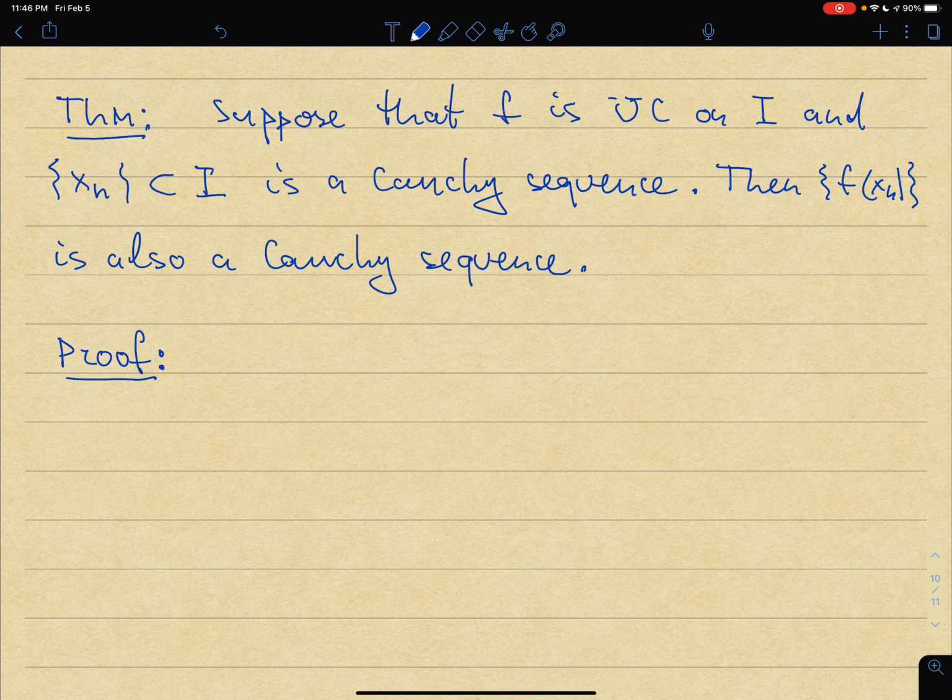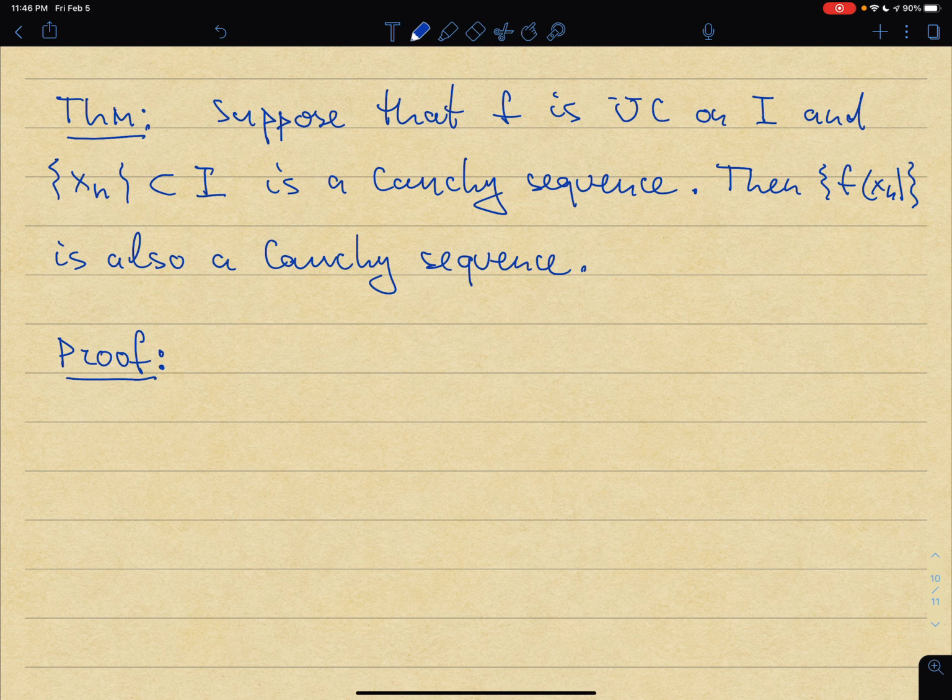Okay, so how do we show that a sequence is Cauchy, right? We have to select an epsilon greater than 0, right? So choose any epsilon greater than 0.